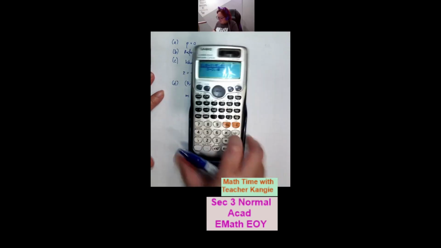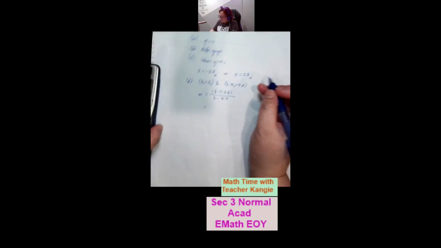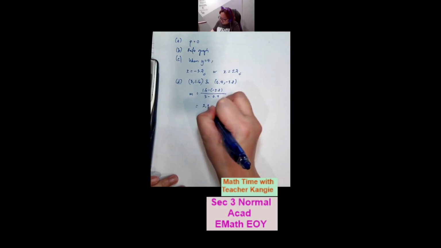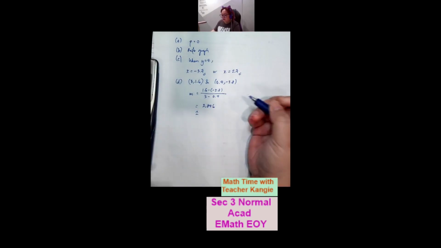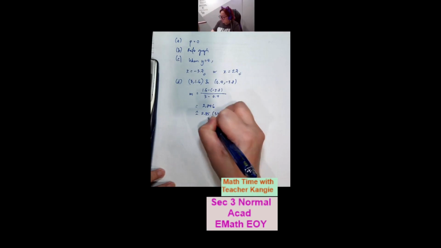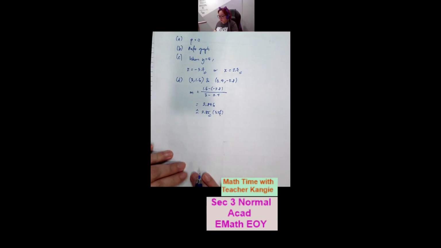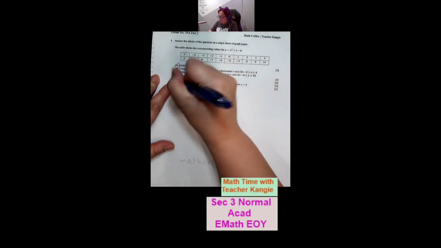Check. Yes, equal. So I get 2.846. Round off to 3SF, I get 2.85. So that is my gradient. Now I'm done with my D.